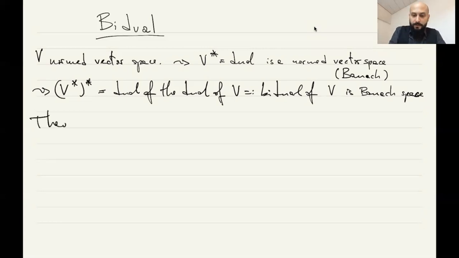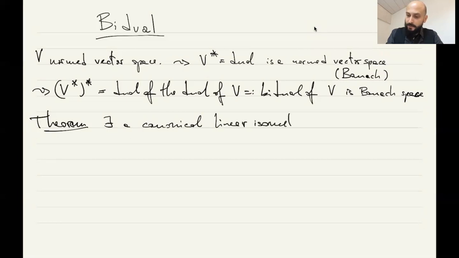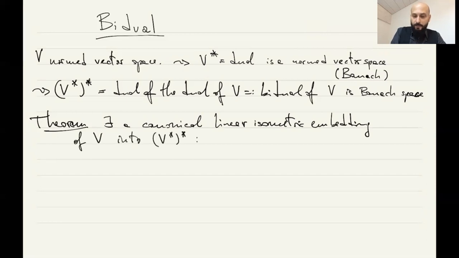Okay, the theorem that I want to present is the following. There exists a canonical linear isometric embedding of V into V star star, and it is the following.